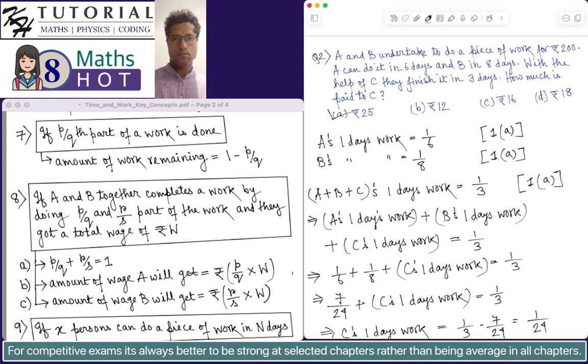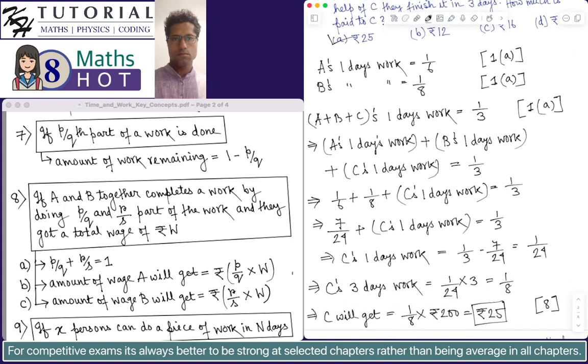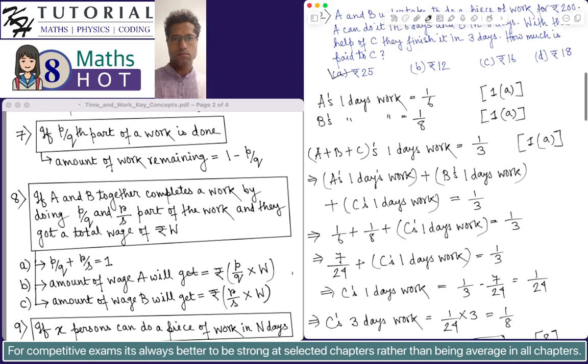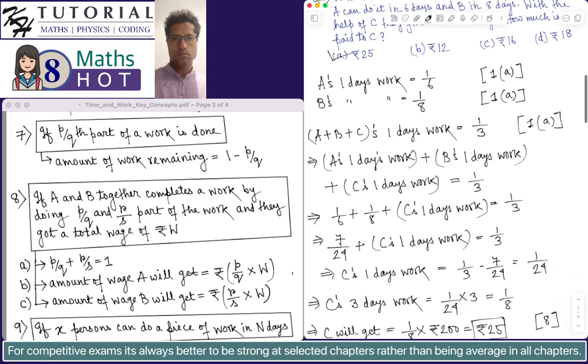In this problem, A, B and C completed the work in 3 days, and in those 3 days the total work done by C is 1 by 8. So the amount of payment C will receive is 1 by 8 multiplied by the total payment. The total payment was rupees 200, so C receives rupees 25.